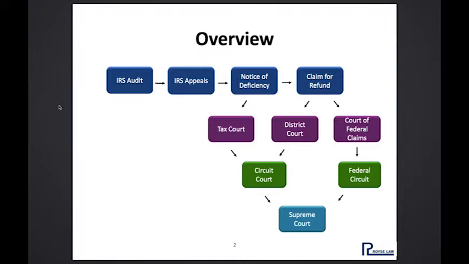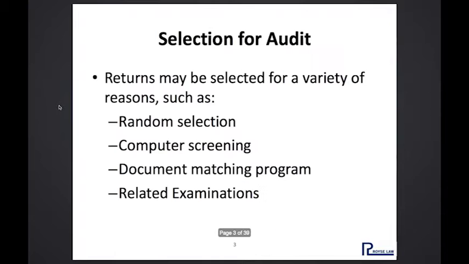All right, now that we've gone through a quick overview, let's begin with the IRS's examination of returns. Returns may be selected for a variety of reasons, such as random selection and computer screening, and a document matching program.